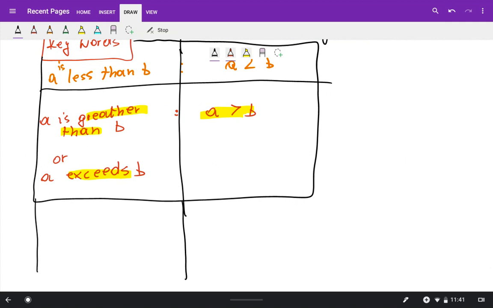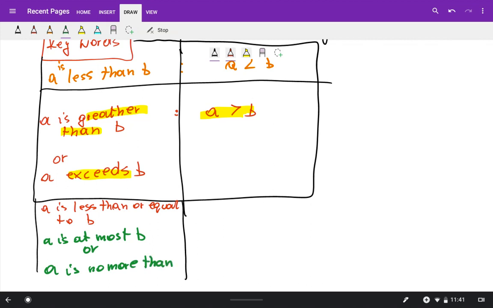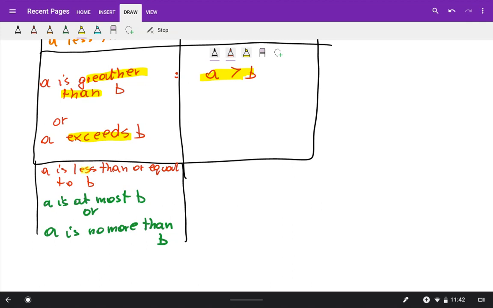Next one, of keywords, we can have A is less than or equal to B, which has the same meaning as A is at most B, or this is the same as A is no more than B. So less than or equal to is the same as A is at most or A is no more than.